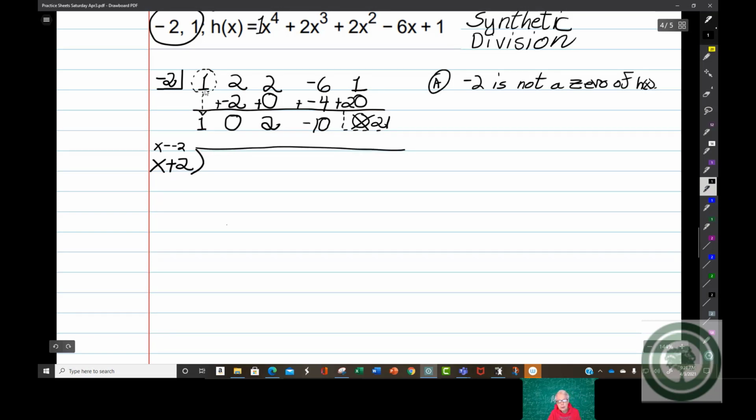By doing this, I have done the exact same thing as if I divided the factor x plus 2 into this polynomial, x to the fourth plus 2x to the third plus 2x squared minus 6x plus 1.